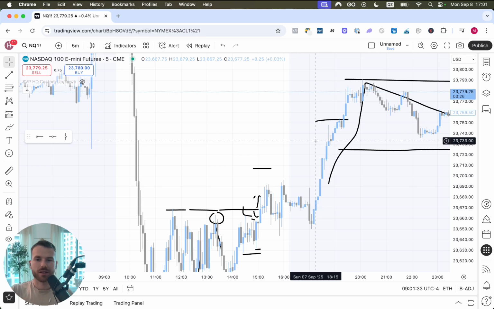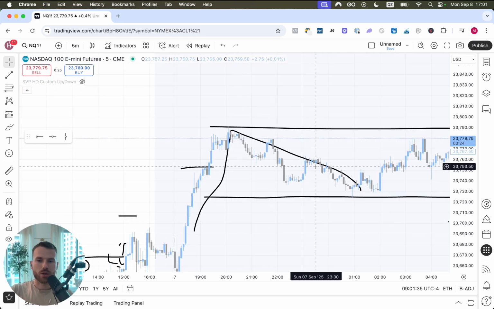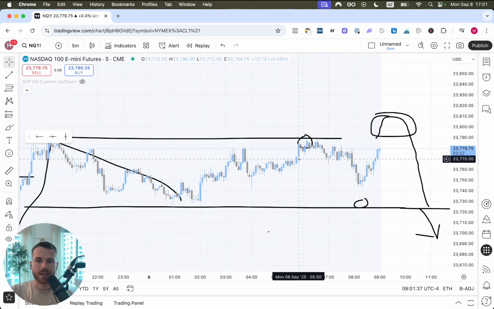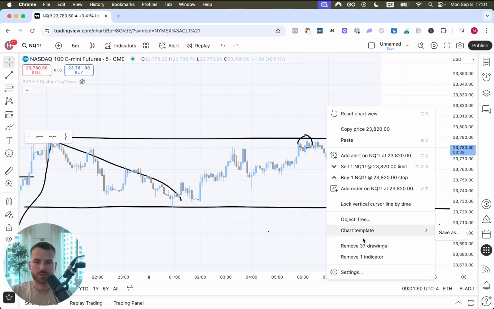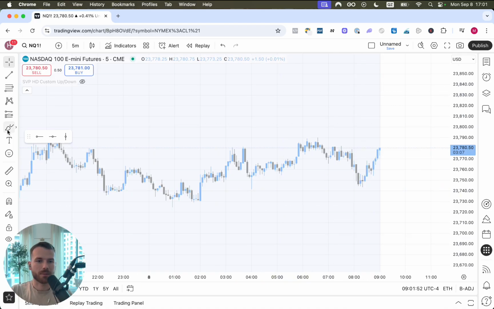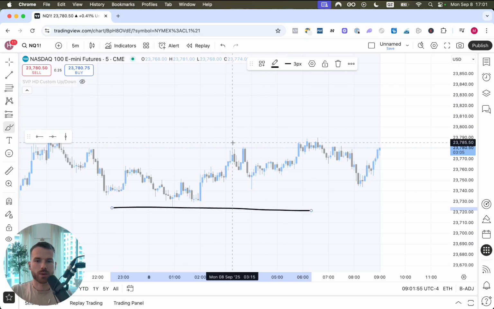And the cool thing is, even if there's manipulation now, so for example, if the market now breaks above this high, this most likely will be a manipulation because the market does not have enough fuel to the fire. It doesn't. So what you can do, you can also trade another setup, which is we have the lows here, we have the highs here.